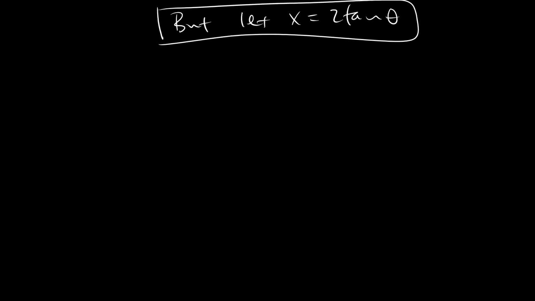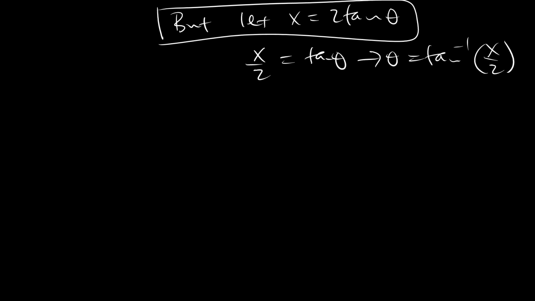Okay, but we said let x equal to 2 tan theta, meaning that x over 2 is equal to tan theta, and therefore theta is equal to arctangent of x over 2.